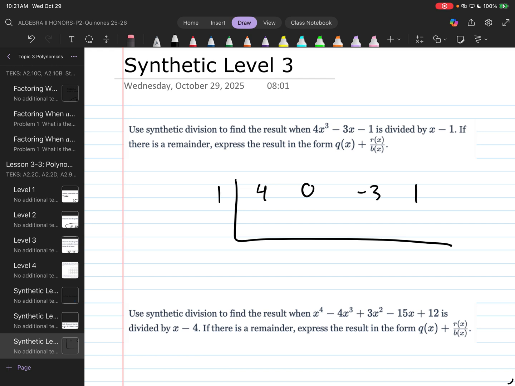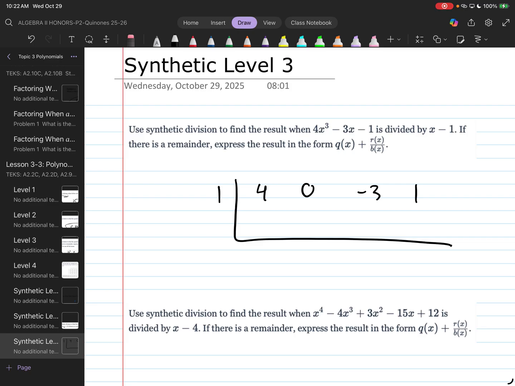Why did I do that? Very good. So what term are we missing here? My quadratic term, right? My x squareds. In order for synthetic division to be done correctly, you have to have all of the terms in descending order.